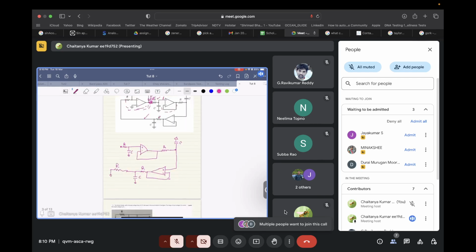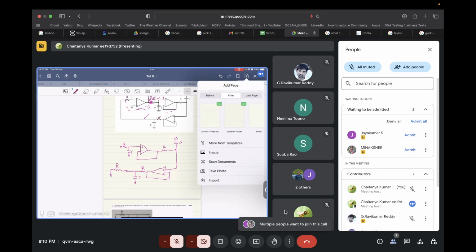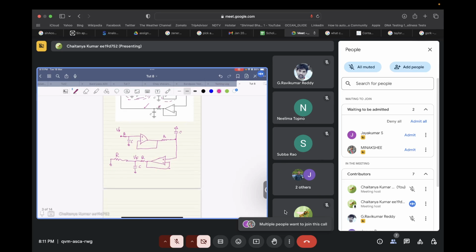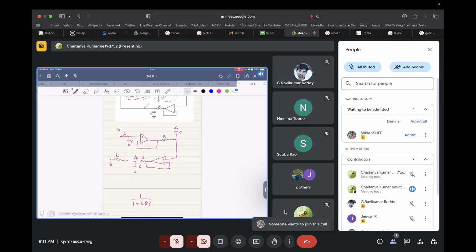So what will be our voltage from, let's call this V1, and let's call this one as V filter, VF. So first one will give us one pole at 1 upon 1 plus SRC, and then second pole will also give us one pole at 1 upon 1 plus SRC, so this will become squared.